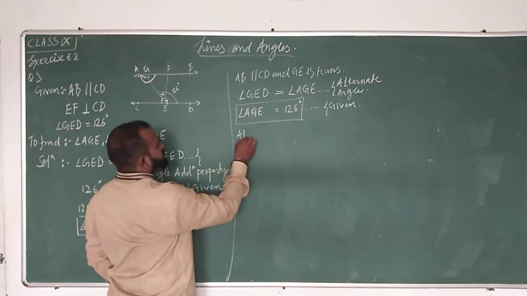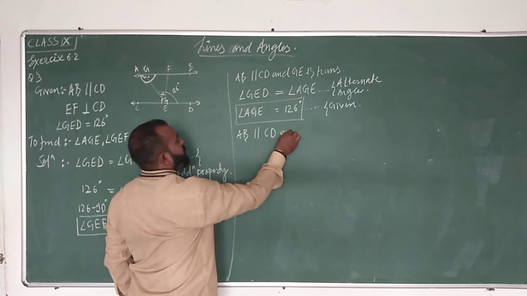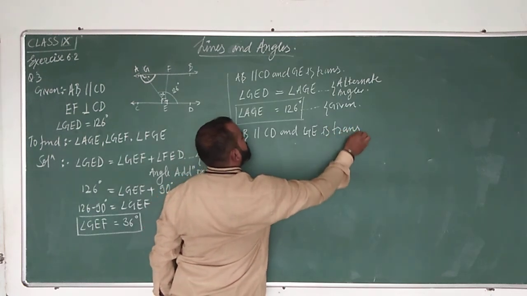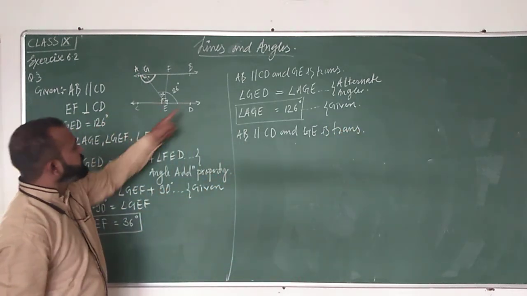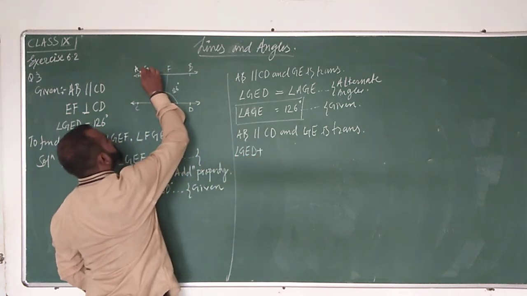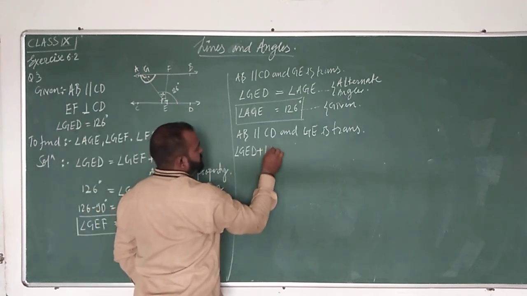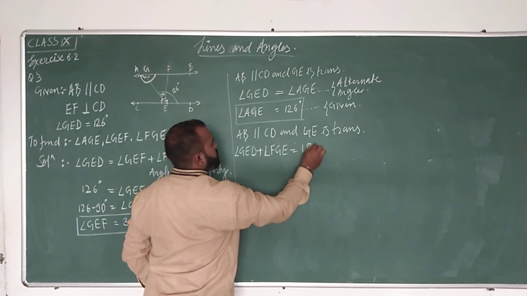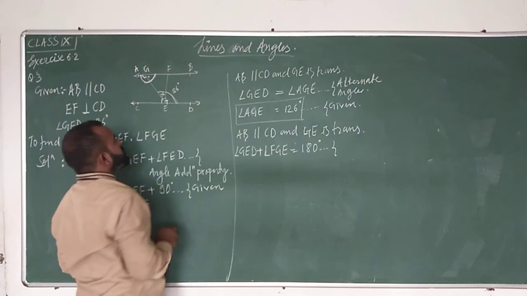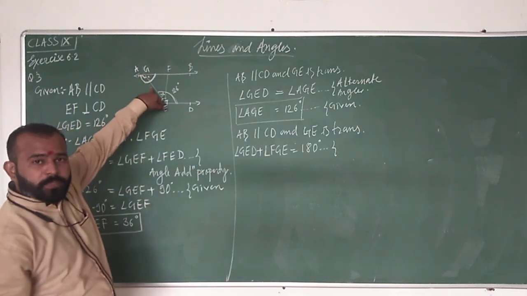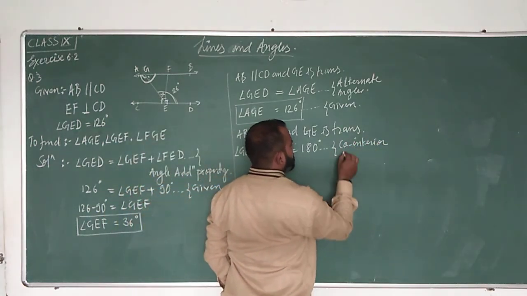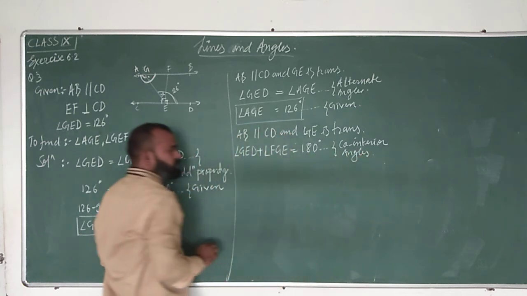So line AB is parallel to CD and GE is transversal. Therefore angle GED plus angle FGE equals 180 degrees. What is the reason? Tell the reason for these two. This transversal is on the same side of both, and both are inside, meaning they are co-interior angles, and co-interior angles always add up to 180 degrees.